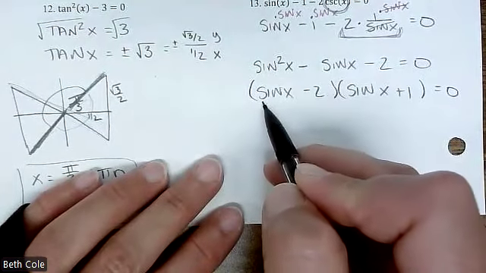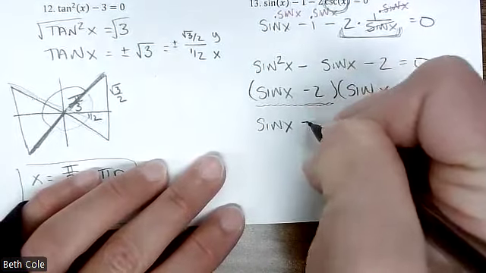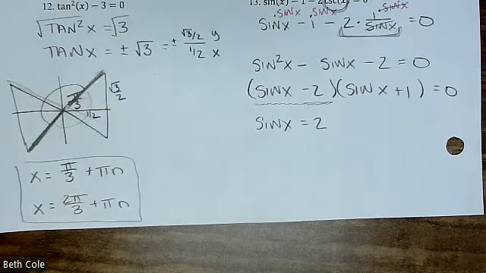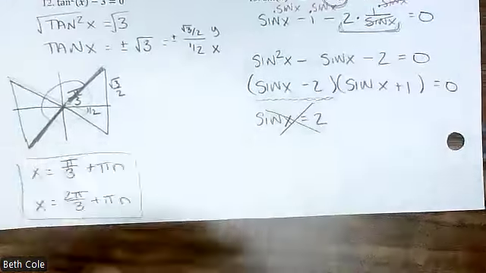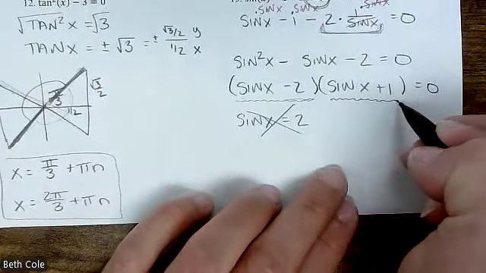What would you do to start solving this one? You would add 2, so it would look like this. And then my hope is that you're like, hold on a second. That's not on the unit circle. The reason it's called a unit circle is because it is 1 unit. Can you get to 2? No, so this doesn't yield any results. What would you do to start solving this one?